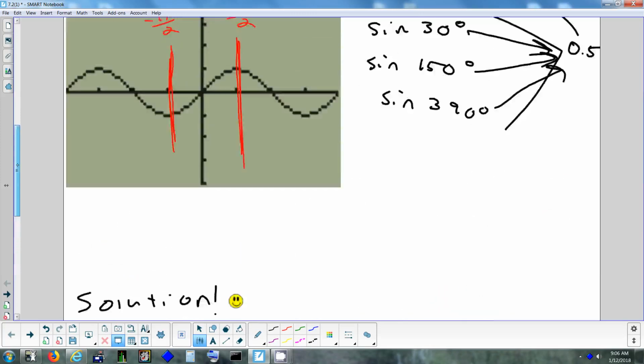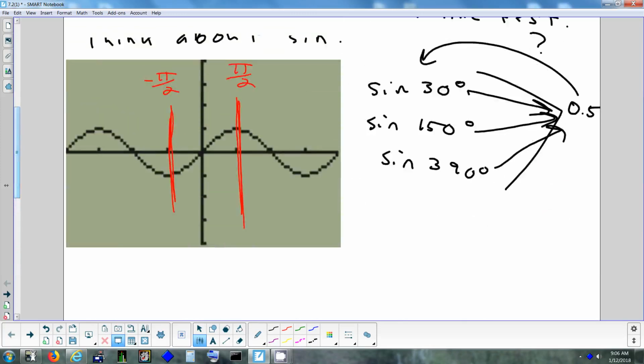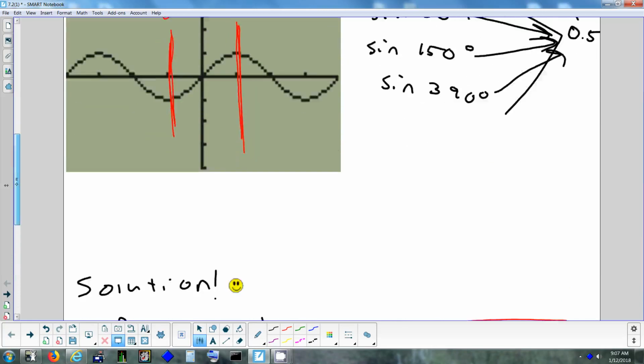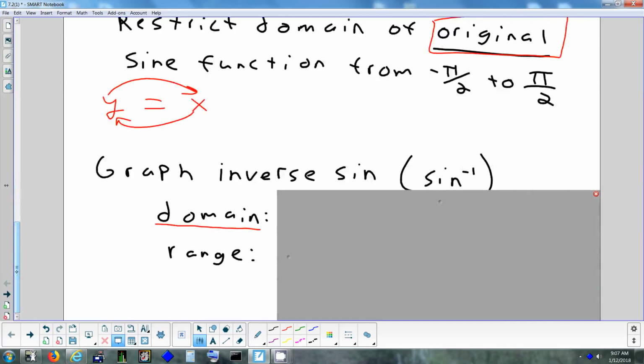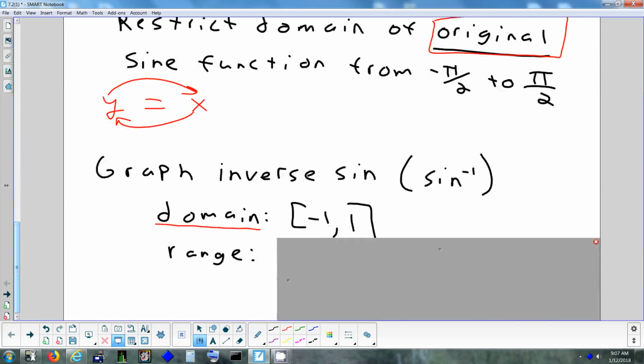What's the range of this original graph? What's the highest and lowest that it goes? Yep, 1 and -1. So the range in the original is -1 to 1. Well, that becomes the domain in the inverse.